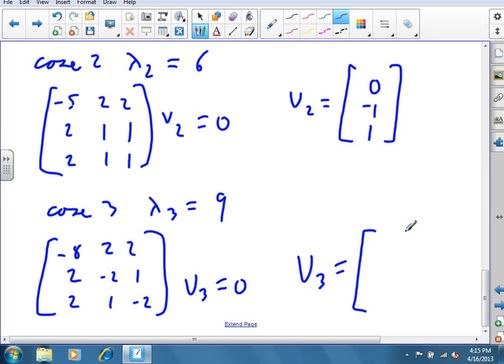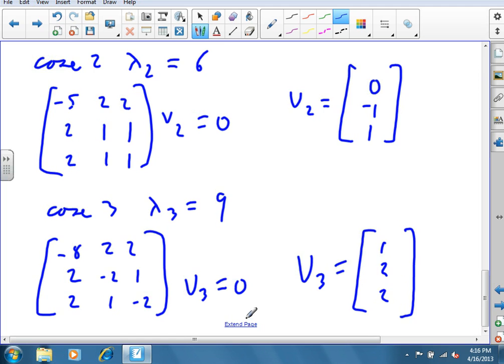By inspection, what is V3 going to be? 1, 2, 2. 8 minus 8, 4 minus 4. All right, so I found V1, V2, V3 by inspection.